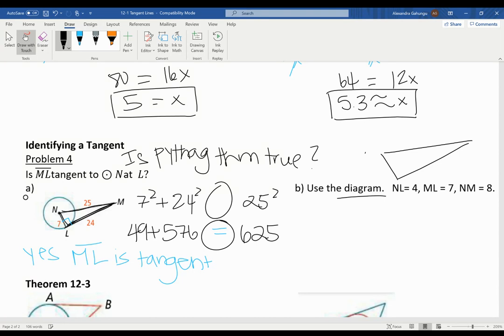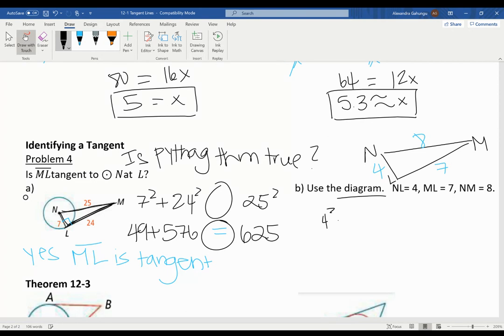So we've got N, L, M. We're going to use the diagram to figure out if we had these dimensions, is this going to be tangent? So NL is 4, ML is 7, NM is 8.